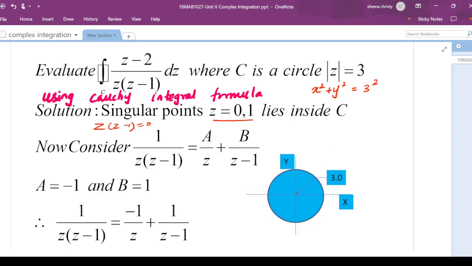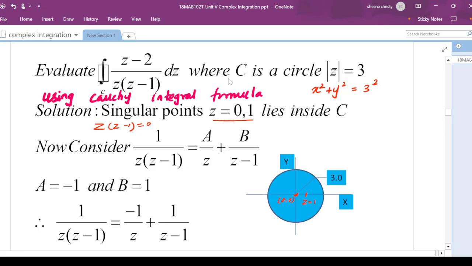Now since the circle has center (0, 0) and radius 3, definitely the point z equal to 0, which is the origin, and the point z equal to 1, which is the point (1, 0), lie inside the circle mod z equal to 3. Hence, both singular points lie inside the circle C.